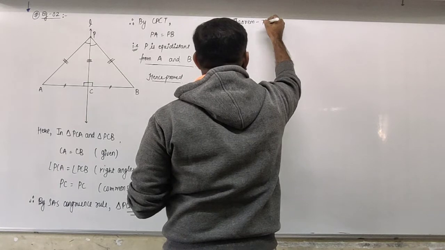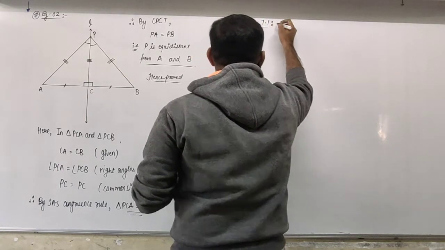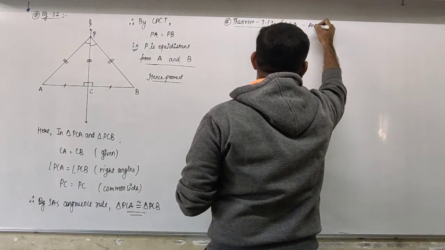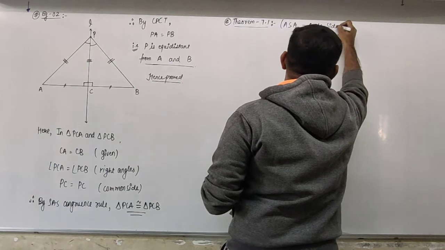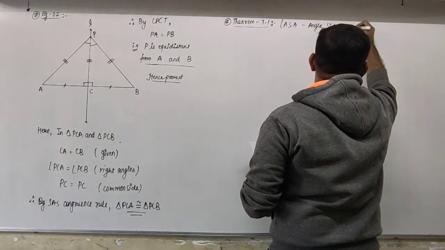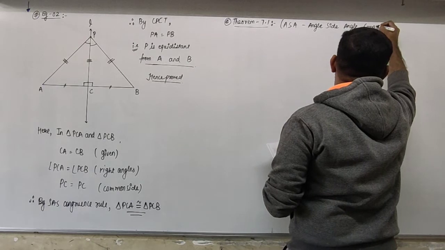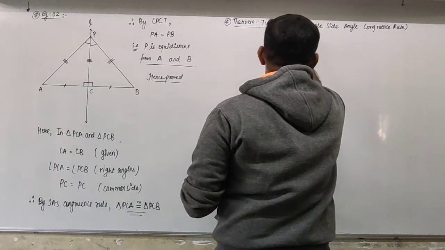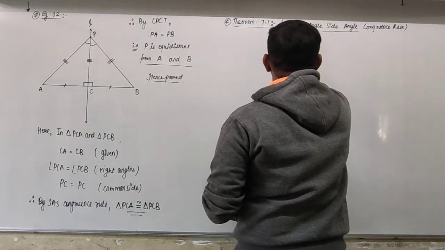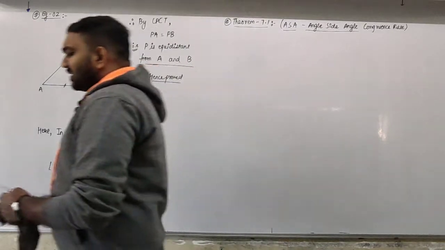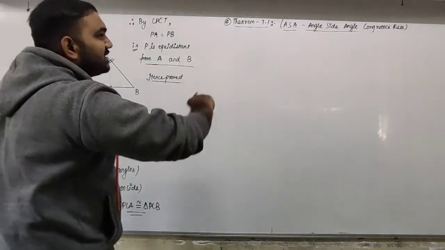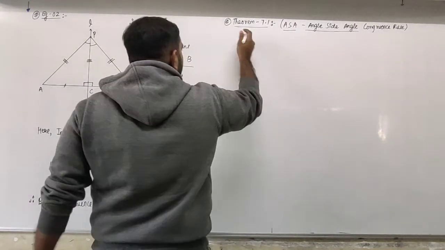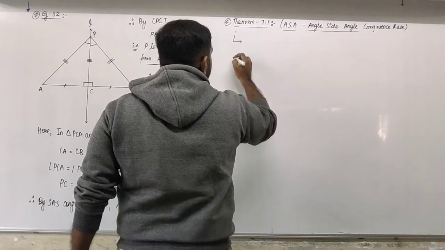The name of this theorem is ASA, that is angle side angle congruence rule. ASA is angle side angle, SAS is side angle side. Everything is the same, only where there were two sides there will be two angles, and where there was an included angle there will be an included side. Right? So let us give a statement.